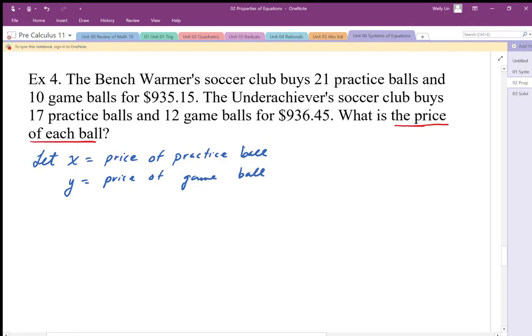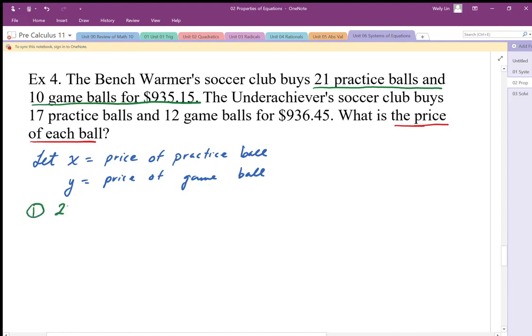Once we've established the variables, we need to come up with two relationships so that we have two equations to solve this system. One relationship is for the first club: 21 practice, 10 game, for $935.15.